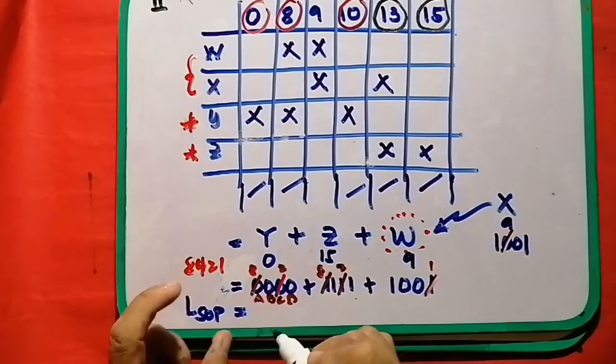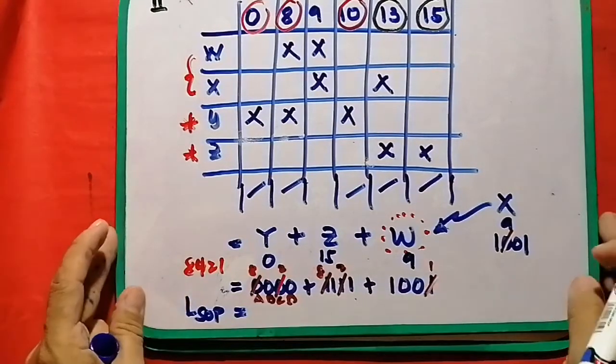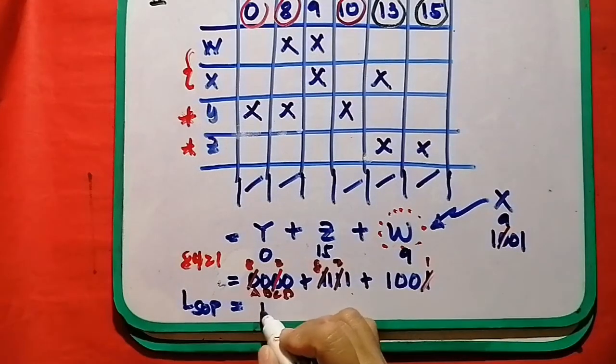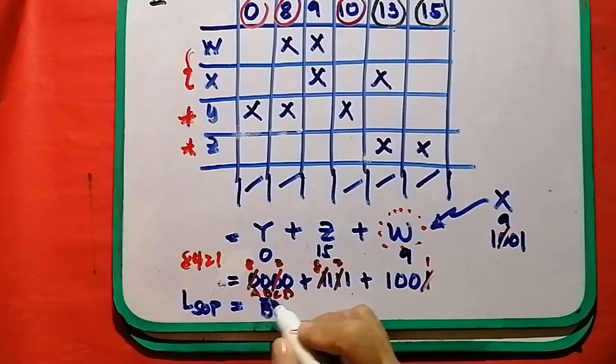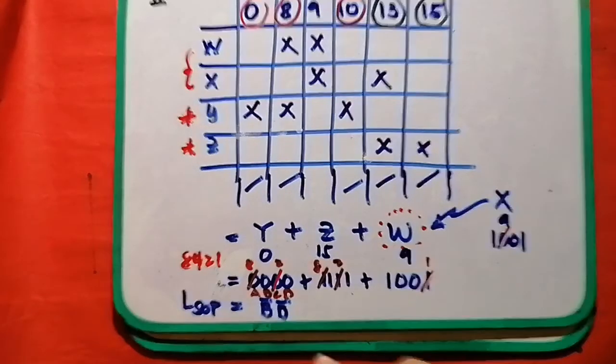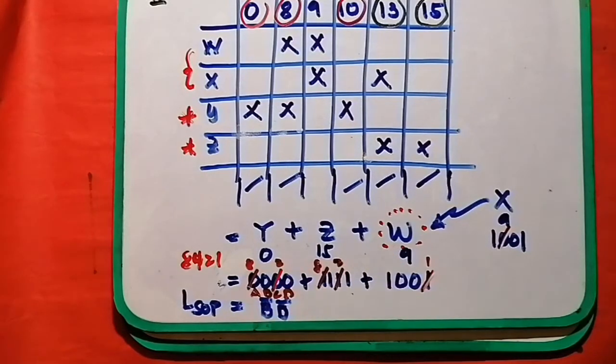B is 0, D is 0. So therefore, that would be not B and not D. Okay. So not B and not D, because both are zeros.